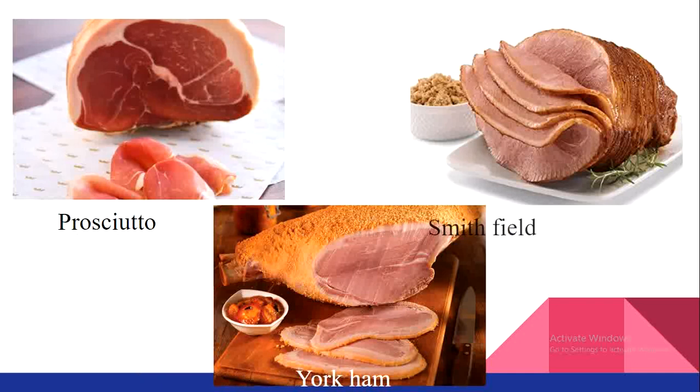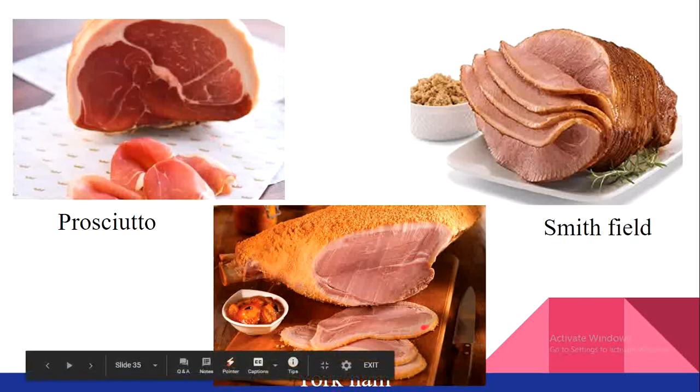Here you can see the pictures of various types of ham. This is the Parma prosciutto which can be directly sliced and eaten, and it is one of the most famous food products of Italy. And here you can see the York ham. York ham has a specialty that it looks like it is breaded.